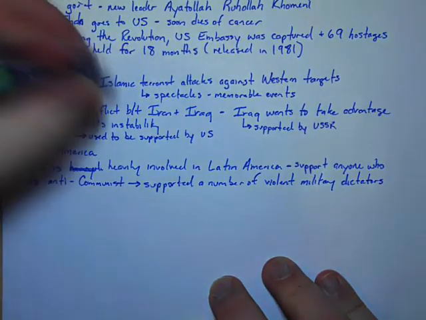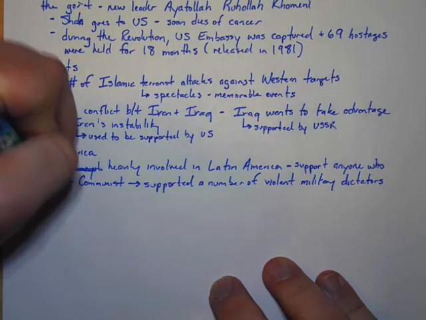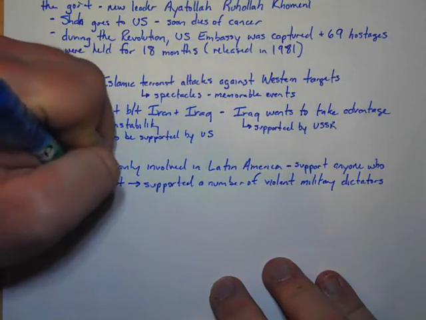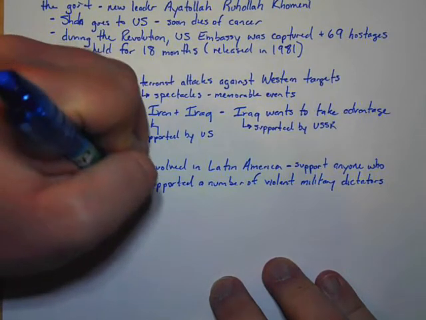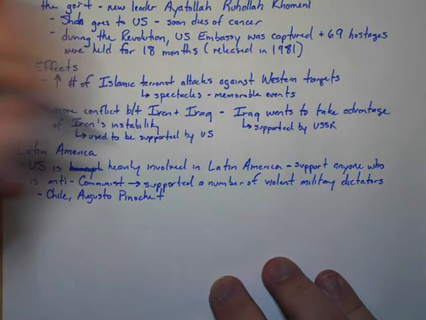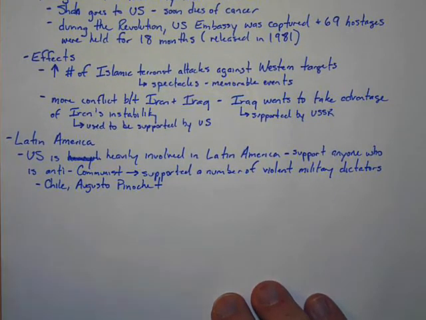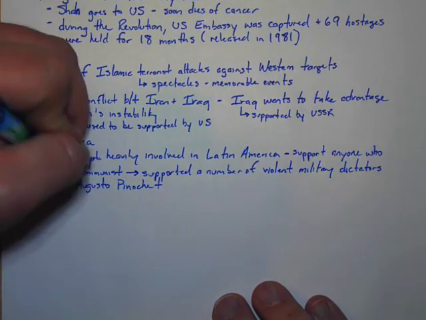So, for example, in Chile, they supported Augusto Pinochet, who was just a very violent military dictator, ruthlessly killed anybody that would oppose him, and the United States supported him because he was an anti-communist.